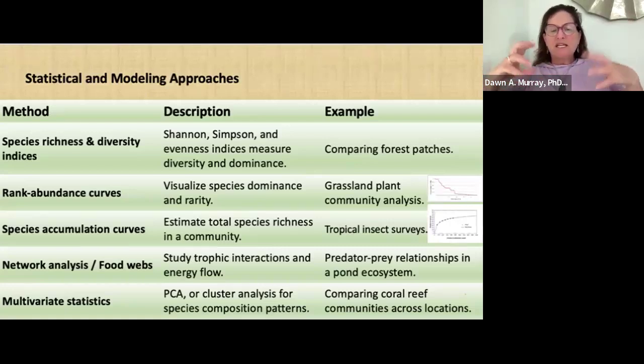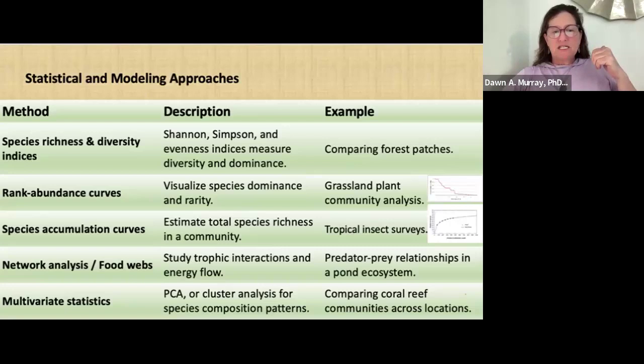That representation helps us visualize and compare biodiversity components like species richness, the number of different species, and evenness, which is how evenly distributed individuals are among species.